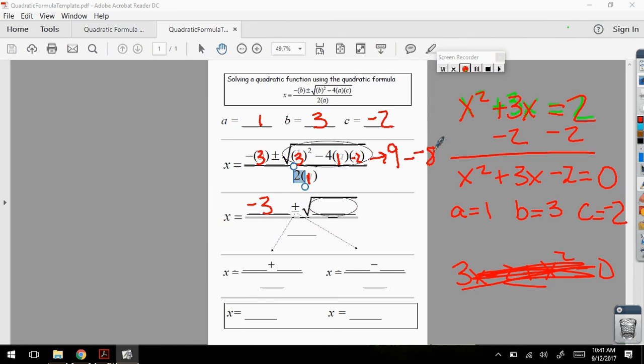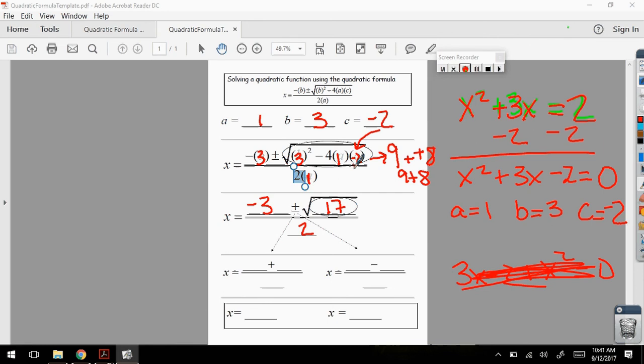Yes, I'm just showing you that here, so now you've got minus and negative, which is a plus sign. 17. Is anybody lost so far? Because this 2 here is negative. So you've got minus a negative. You with me? All right.